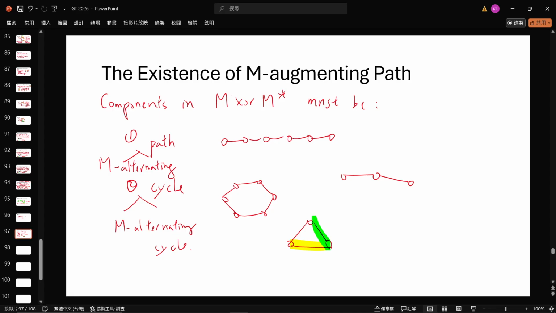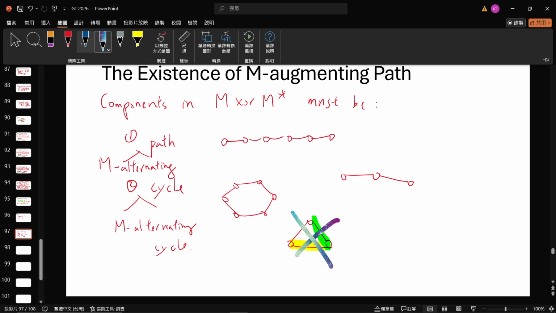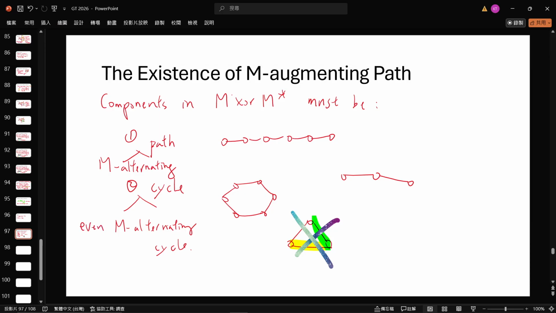So that's a reason. So it's an even M alternating cycle.